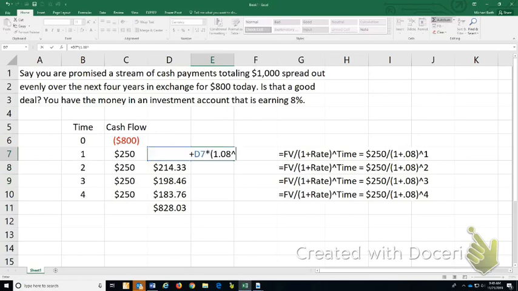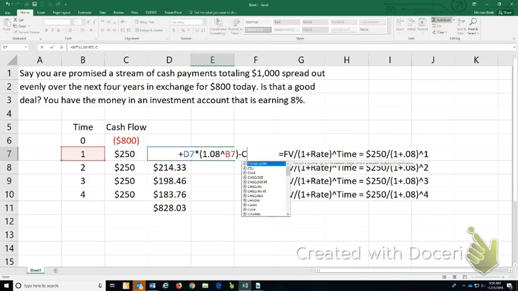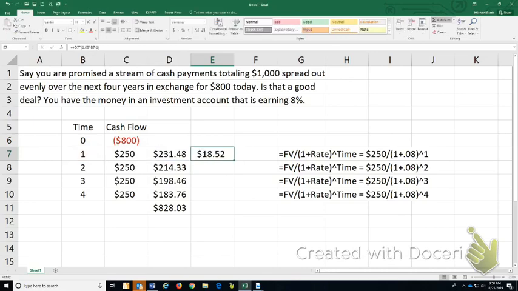1.08 times it, minus it, will earn $18.52. This will earn 35. This will earn 51. This will earn 66.